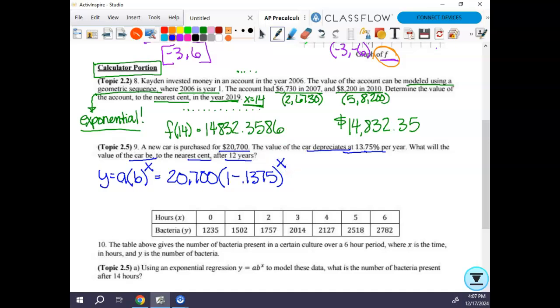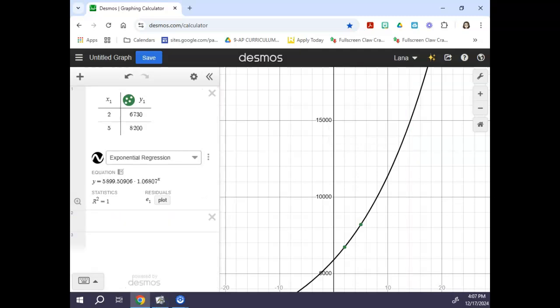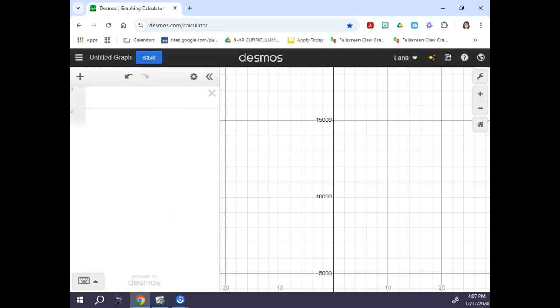And you can make this into one number of b if you want to, but I would just say just put that in the calculator just like it is. So we're going to go over here. I'm going to mark this out. I do not need to do a regression. Well, not only do I not need to, I don't have enough information to do that.